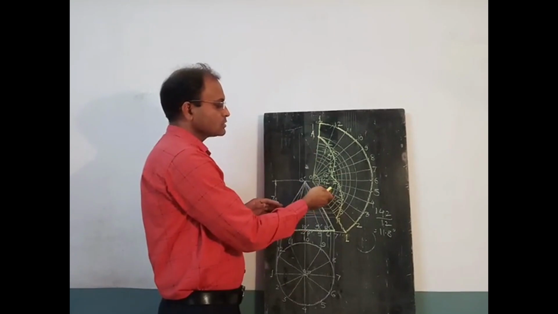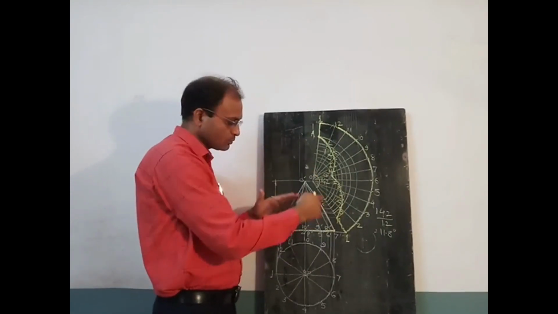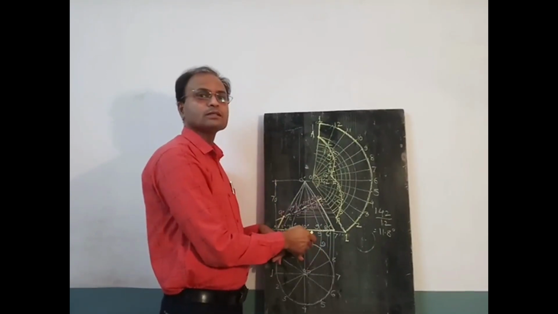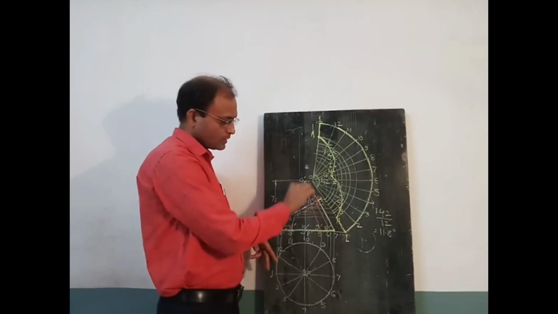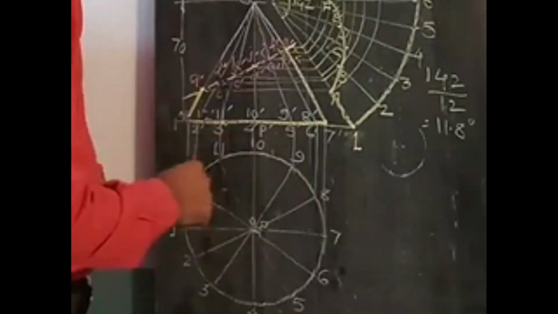Now remember, whenever this solid is cut and when we assume this top portion to be removed, then we have to draw projections of these points in top view also. Now how to obtain these projections? We have to just draw vertical projectors and make them intersect with the respective generators.